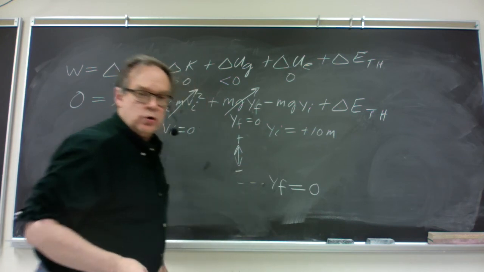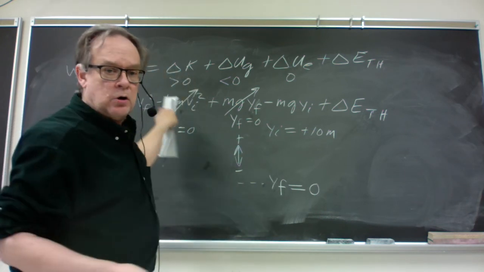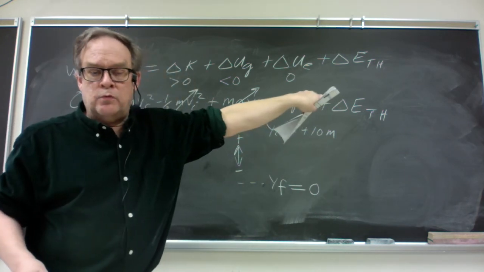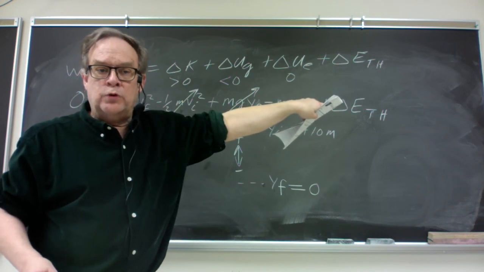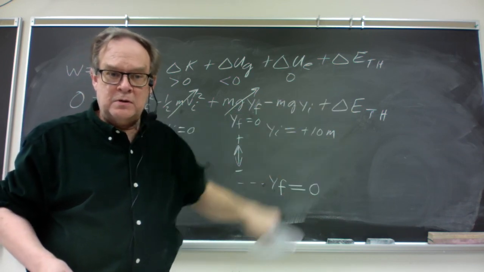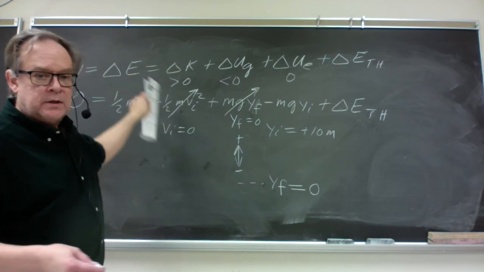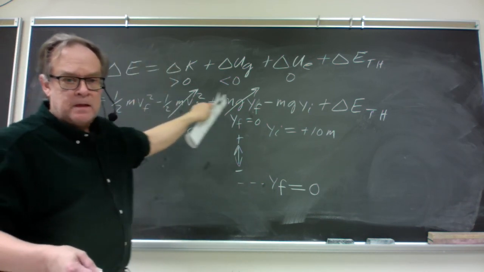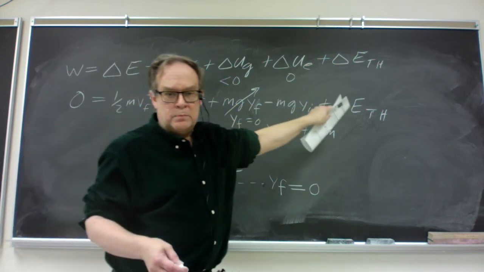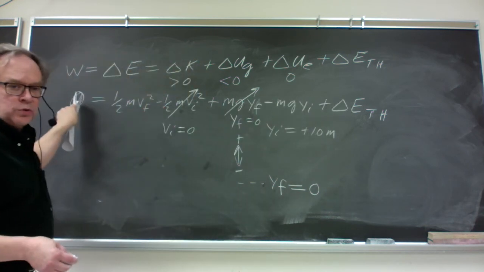All right. Two terms disappear from the written out in detail version of the energy change equation. And all we have left is this minus this plus this, all equal to 0.